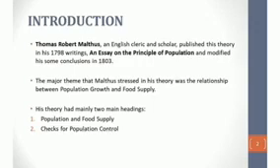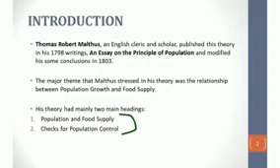The major theme that Malthus stressed in his theory was the relationship between population growth and food supply. The Malthus theory had mainly two headings, which include population and food supply. Secondly, checks on population control.